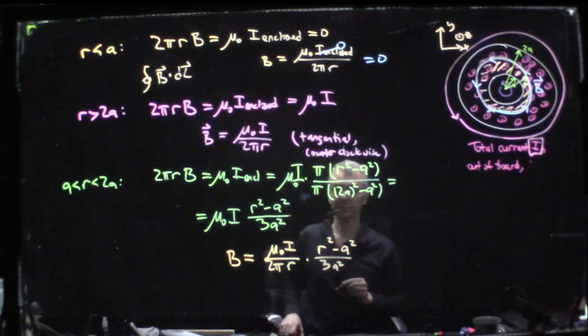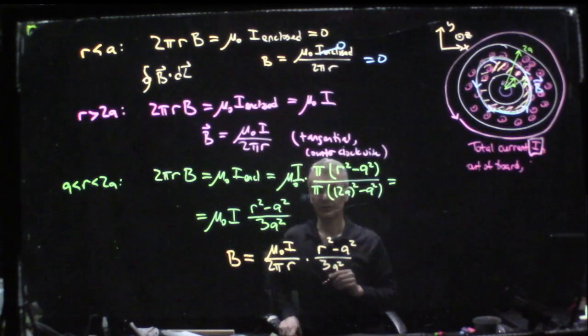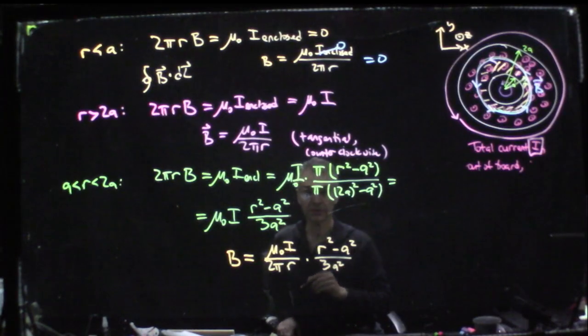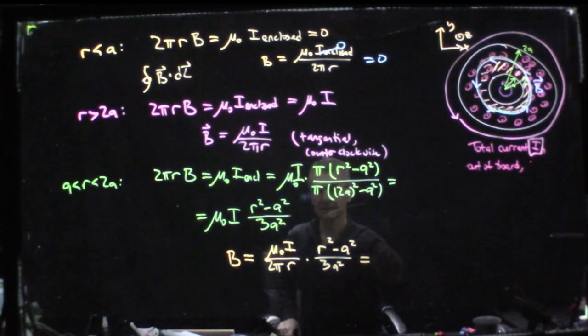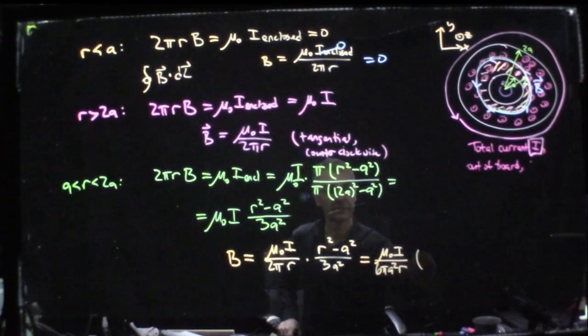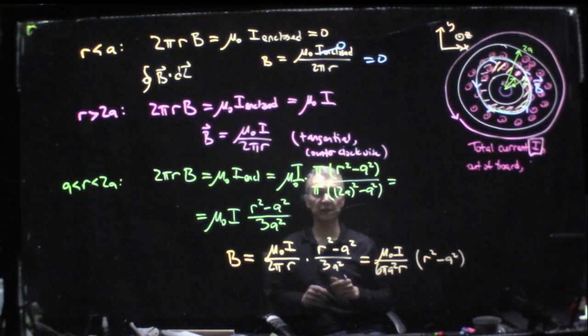If you want to clean it up by factoring, you could. I'm not sure it's worth the hassle. Mu naught I over 6 pi a squared r times r squared minus a squared is one way you could do it.